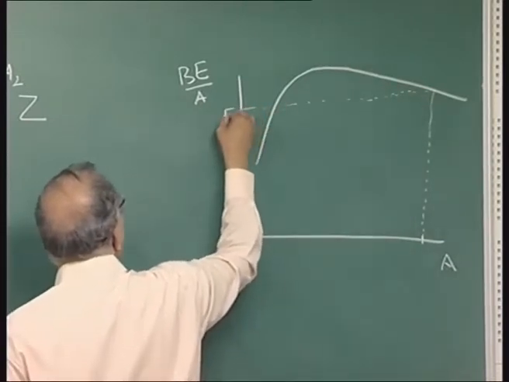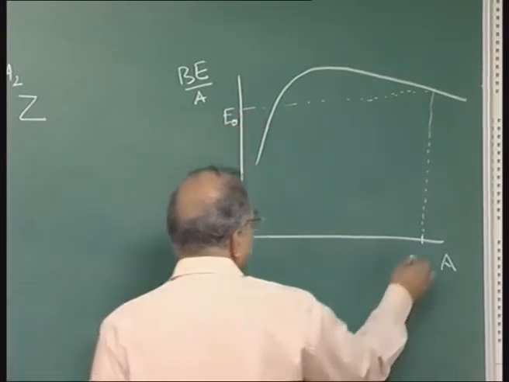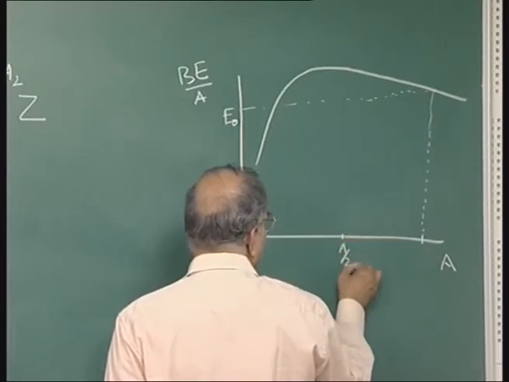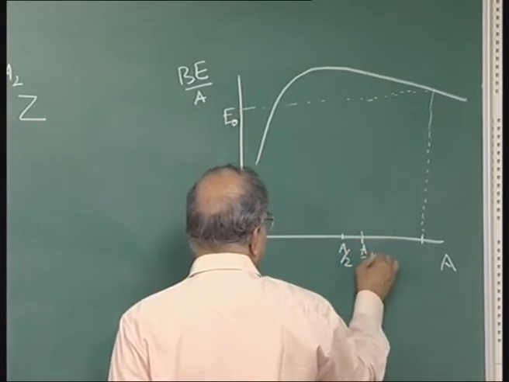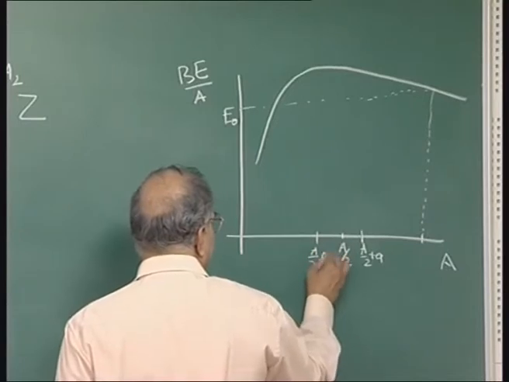Say this is E1 or E0, and then you have A by 2. So, somewhere here A by 2, and then one fragment is say here A by 2 plus a, another fragment is here A by 2 minus a.